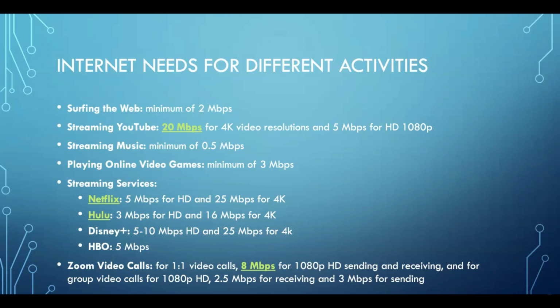For one-on-one video calls, it's going to be about 8 megabytes per second for a standard video call. Of course, this changes when we're on group calls, and you would probably amp that up a bit higher. So that is the different internet speeds for different activities and common things that we do online.